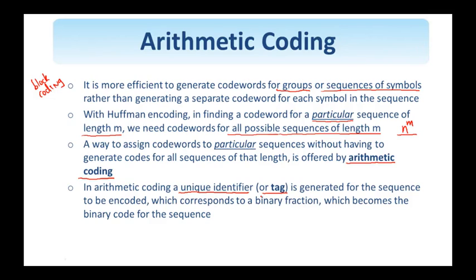And this tag corresponds to a binary fraction which becomes the binary code for the sequence. So we would like to separate the generation of the tag and the generation of the binary code. We'll just discuss at some high level how the tag is generated, but we will not get into any of the details of how the code is generated. It's a rather complicated matter.